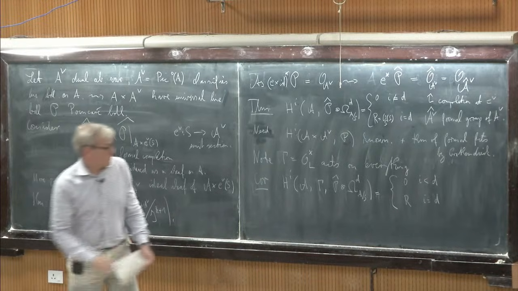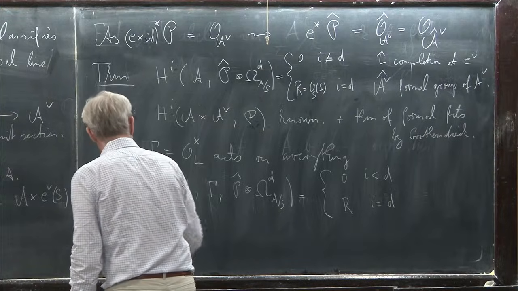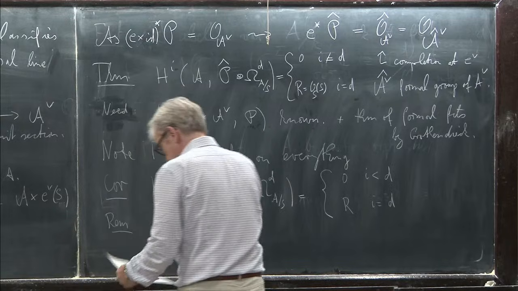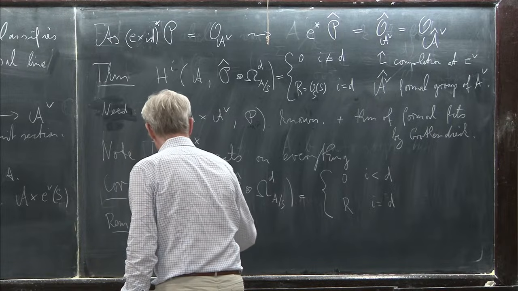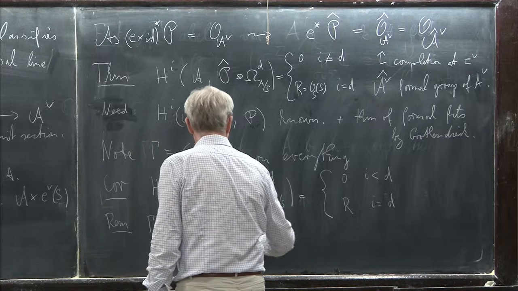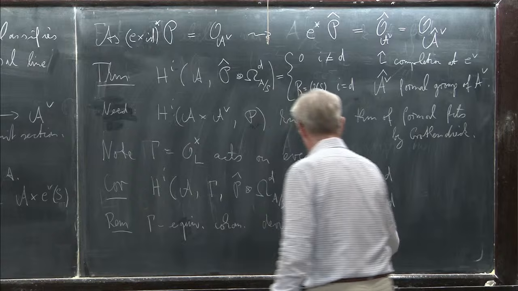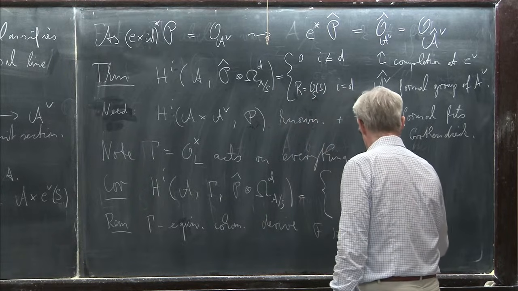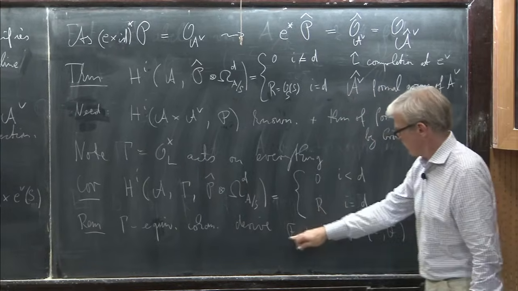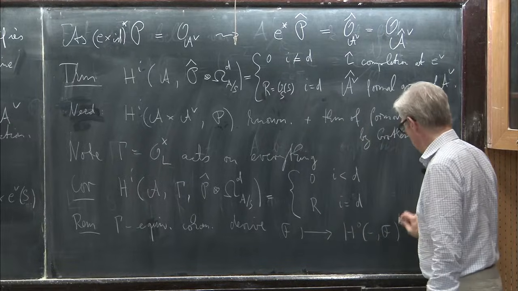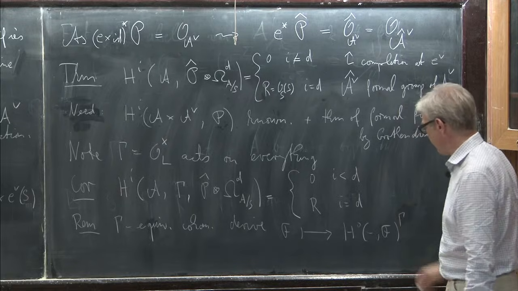So we have that equivariant cohomology. Let me make a remark if you haven't seen this before. The gamma-equivariant cohomology you get by deriving the functor F goes to the global sections of your sheaf F, and then, if it is gamma-equivariant, which is of course needed, you take the gamma invariants of that. This is a gamma module, and you take the gamma invariants.